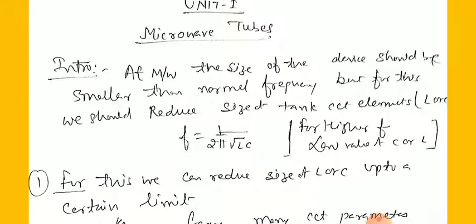So we need an instrument where, if you use the tank circuit, it is reduced to a very small size. But there is a limit to it, so we cannot reduce to a smaller and smaller size. This is the shortcoming. We can reduce the size of L and C only up to a certain limit.